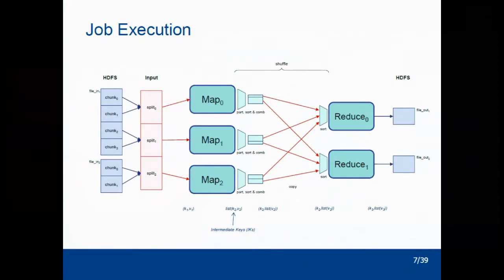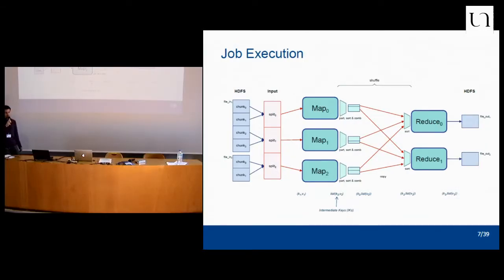So this is a schema of the execution of a job in MapReduce. Normally, MapReduce is used over a file system. In this case, I use HDFS, which is equivalent to GFS, the Google File System. In HDFS, the files are partitioned in several chunks. And these chunks are used to divide the input of the job. Each map task receives a part of the input, which is called a split.